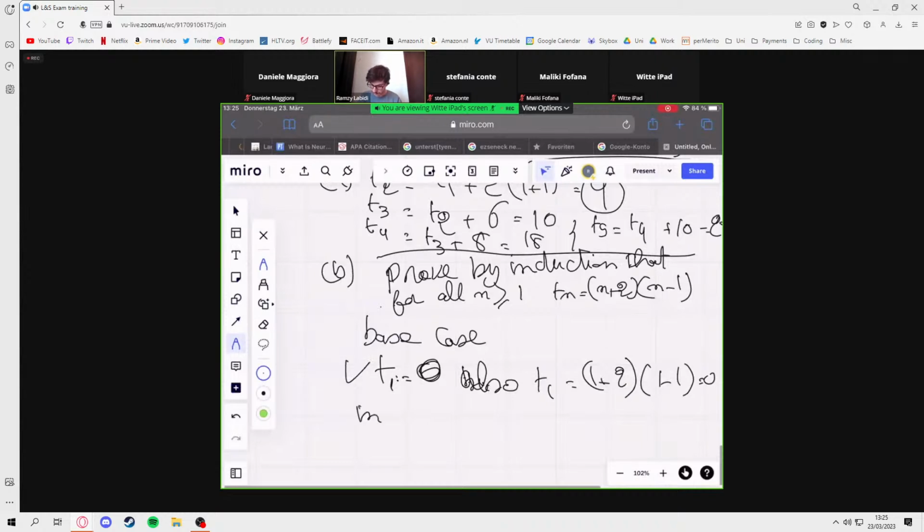Now, the inductive case. So now we assume that for any m, Tm is equal to m plus 2m minus 1.